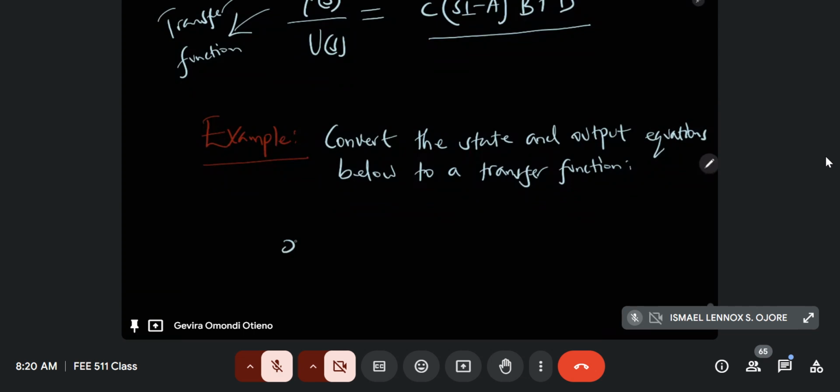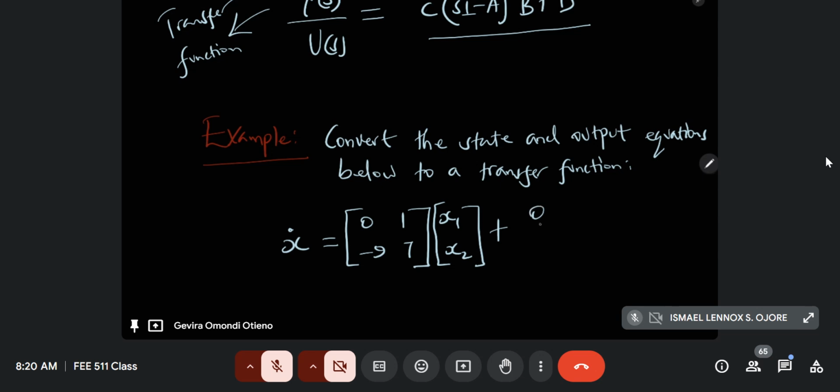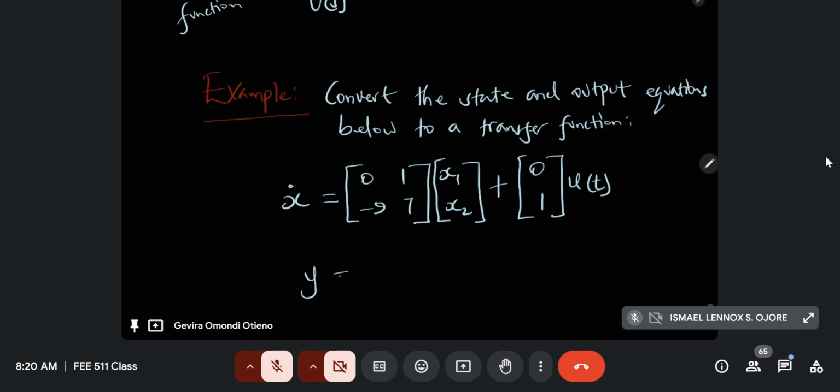The state equation is already provided here as 0, 1, minus 9, 7, plus. So that's the state equation. And the output equation is given by this. Okay. So you are supposed to convert this.